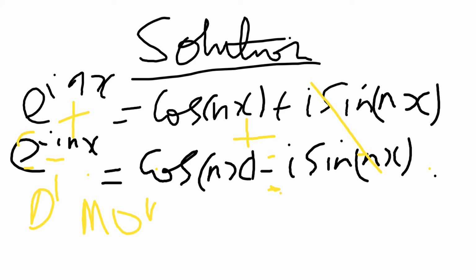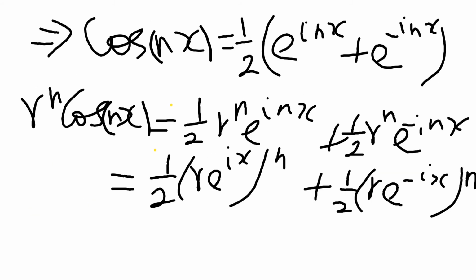For instance, in the first equation we have plus i sin nx and minus i sin nx, so the opposite signs will cancel. We'll only be left with 2 cos nx at this side. That is what gives us what we have in the upper part here, that cos nx is equal to half of exponential i(nx) plus exponential minus i(nx).